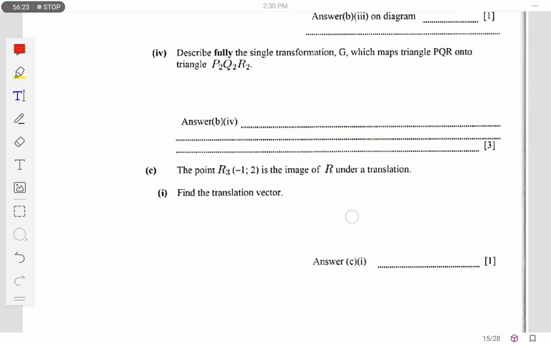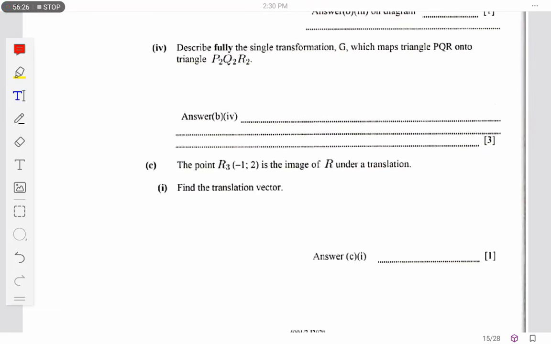Then the last one is saying the point R3 is this one, and is going through R, which is a translation. Then they want us to find the translation vector. There are so many ways of doing this. I can say my point, which is minus 1, 2, I'm writing in the form of x, y, minus the original point of R, which was given as 4, 2.